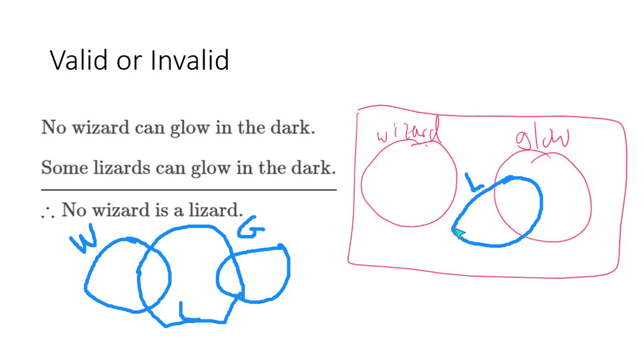And since I can draw this argument in two different ways and still keep the premises true, this whole thing would be invalid. Okay, so this answer is going to be invalid.